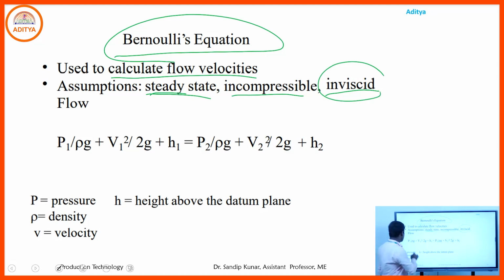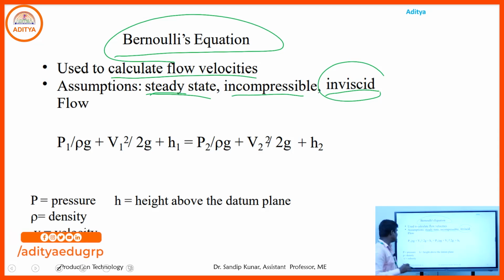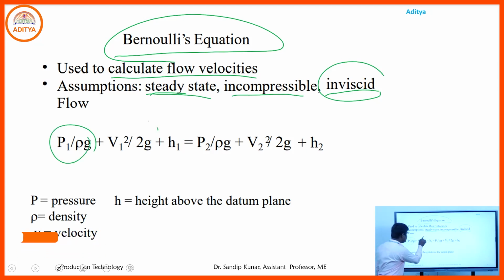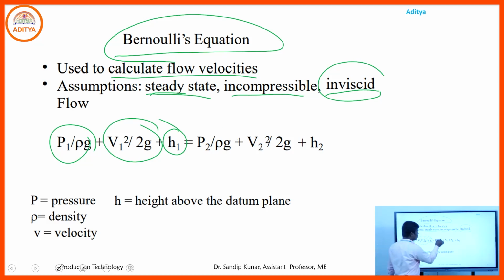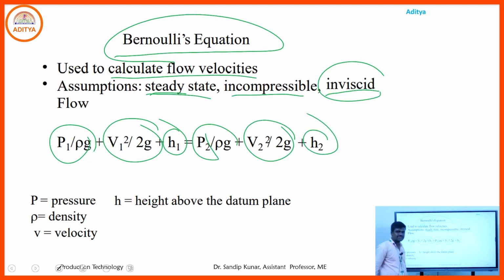If we take two sections of the flow channel, the formula will be P1 by rho g plus V1 square by 2g plus H1 for section 1, equals P2 by rho g plus V2 square by 2g plus H2 for section 2, as per Bernoulli's equation.